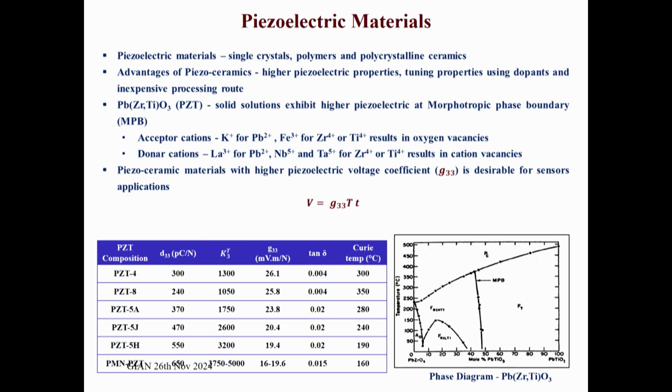Among the perovskite systems, lead zirconium based perovskite systems are very well known for their significantly higher piezoelectric performance, and those are represented as PZT-4, PZT-8. These are the different compositions of lead zirconium titanate, and as I mentioned, the d33 coefficient, the g33 coefficient and the dielectric constant are the important parameters, and of course, tan delta is the dielectric loss factor. This should be as low as possible.